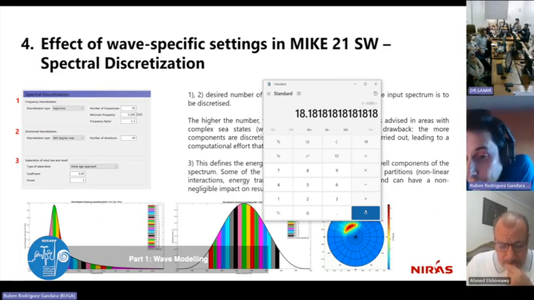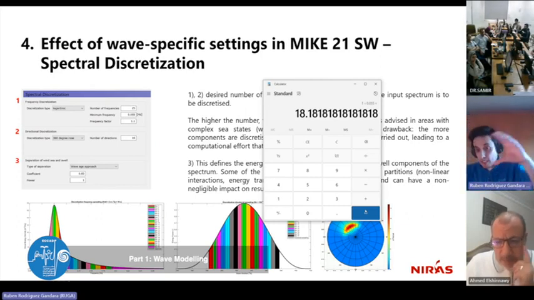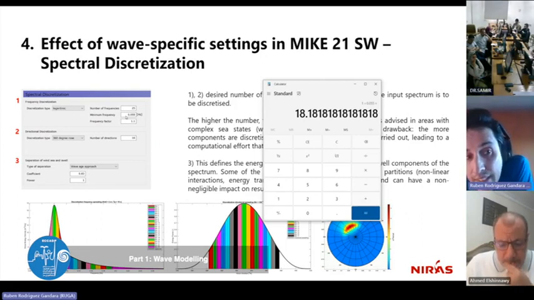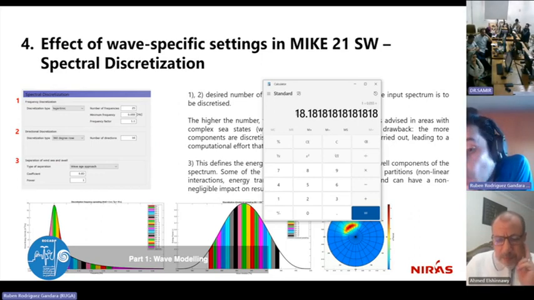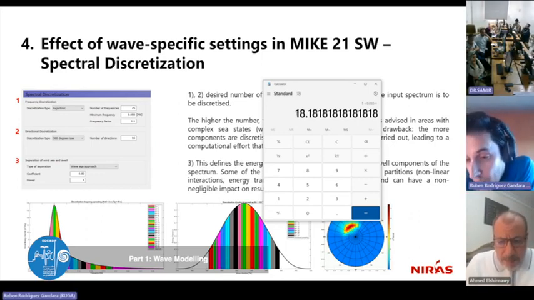But if you're, for example, interested in constructing or doing something in the Mediterranean, because it's an enclosed basin, you don't have a lot of long waves. The waves in there reach periods of, I don't know, up to 15 or 16 seconds. So in this case, a minimum frequency of 0.055 is enough, because you will be modeling waves of up to 18 seconds, and you will have all the energy that can happen within that area.